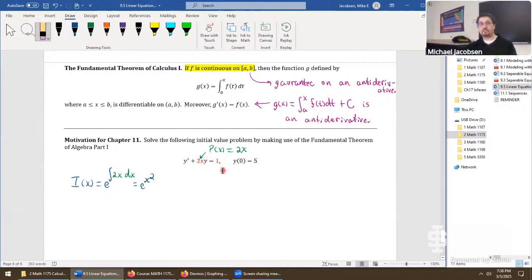We multiply all sides of this by e to the x squared, and now we have e to the x squared y prime plus 2x, this is the p of x function part, e to the x squared times y equals e to the x squared. So that's the multiplication through.